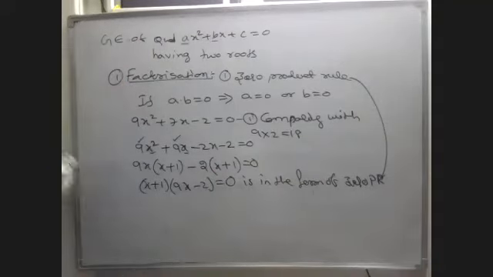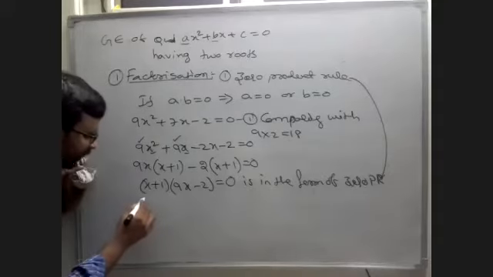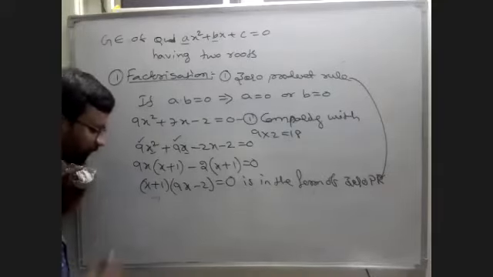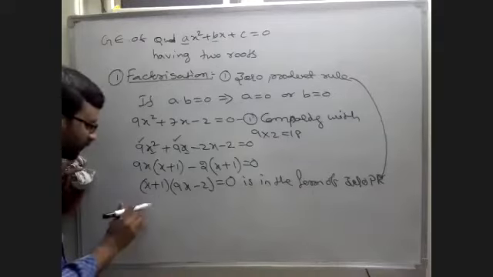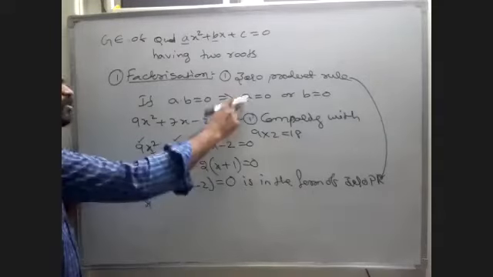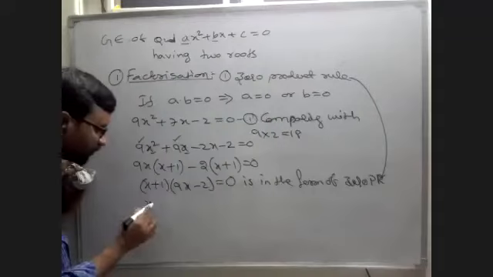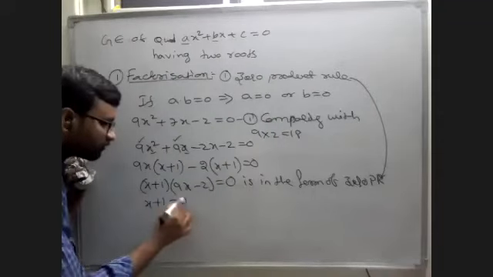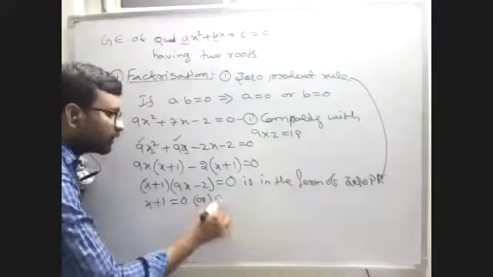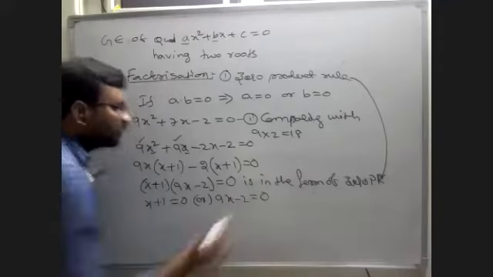By applying the zero product rule, we can write A equal to 0 or B equal to 0. That is, x plus 1 is equal to 0 or 9x minus 2 is equal to 0.